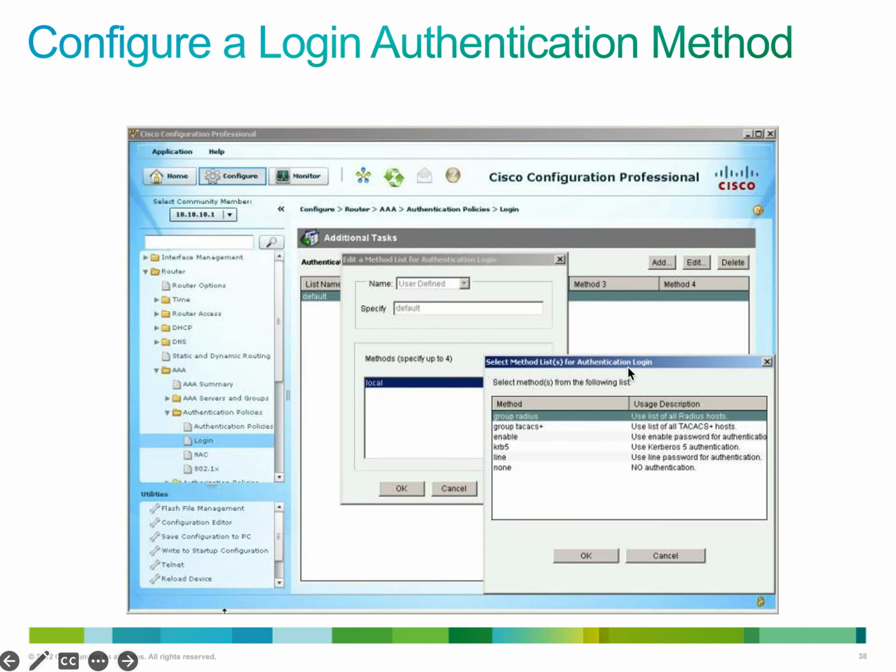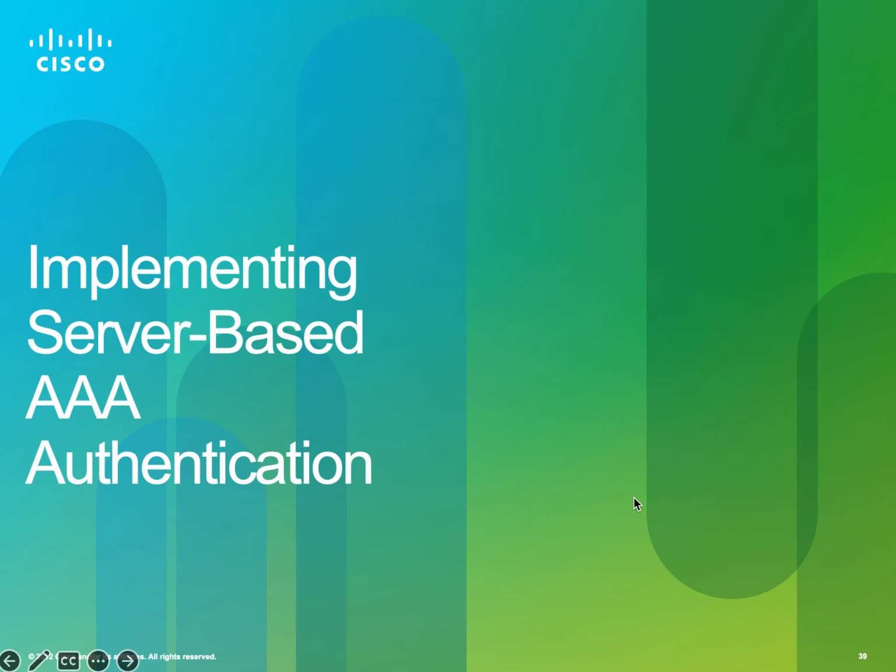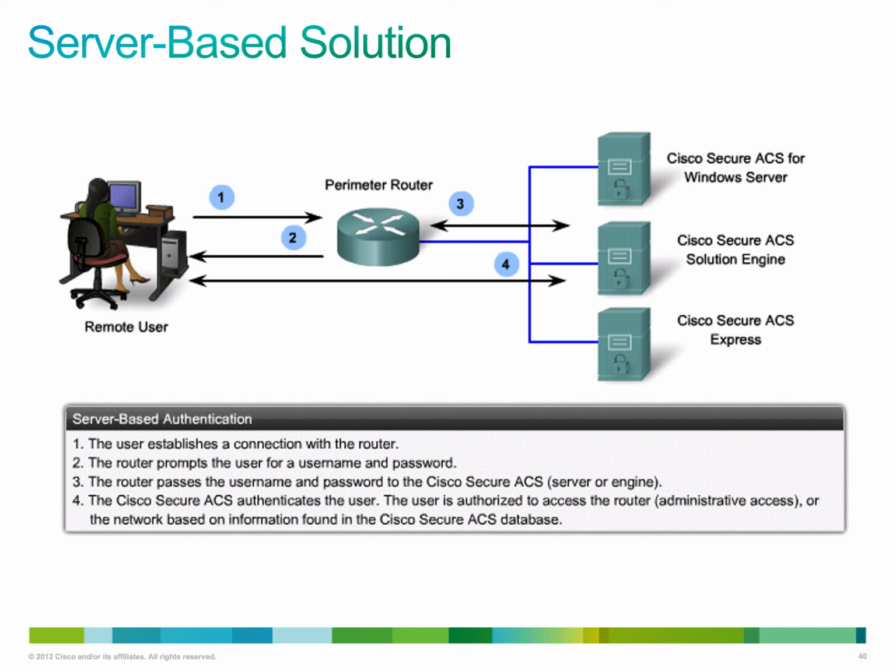Then you select which authentication login you want to use, whether it is the group radius or the group TACACS, Kerberos 5, and so forth. Line, enable: if you want enable, you must specify, and then you click OK.